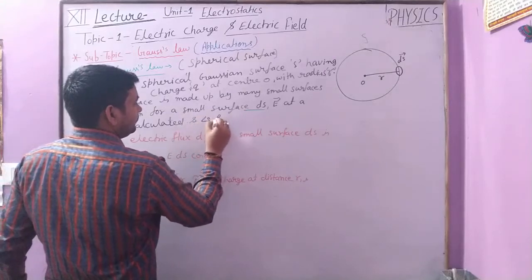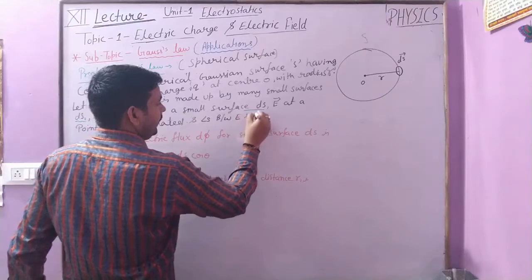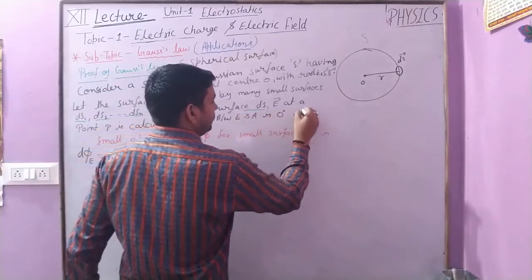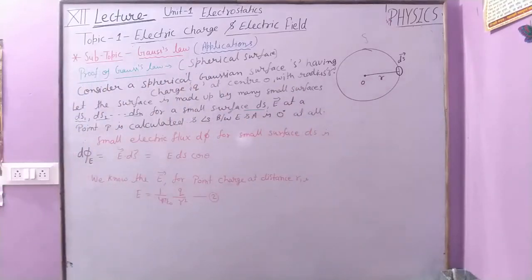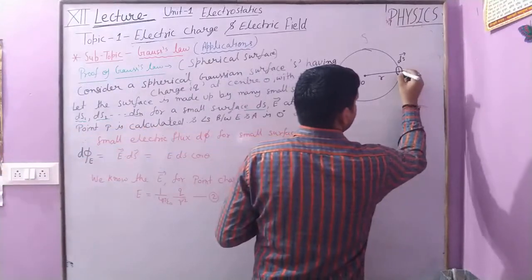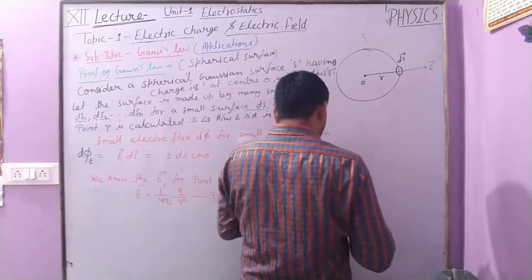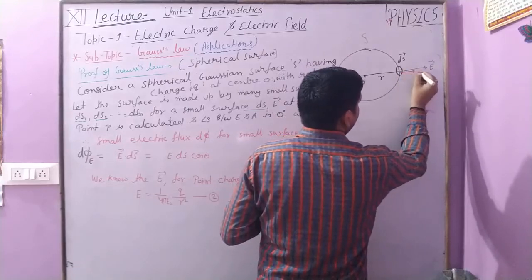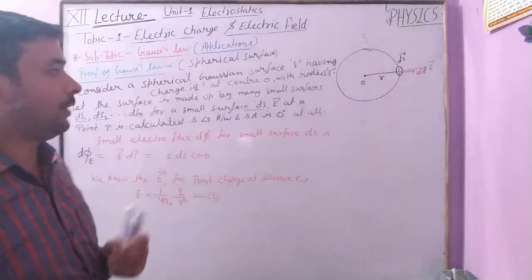For a small surface ds, electric field at a point P is calculated, and the angle between E and A is 0 degree at every point. Now understand here, this is the direction of electric field, and at the same point the direction of area vector is also in the direction of electric field.